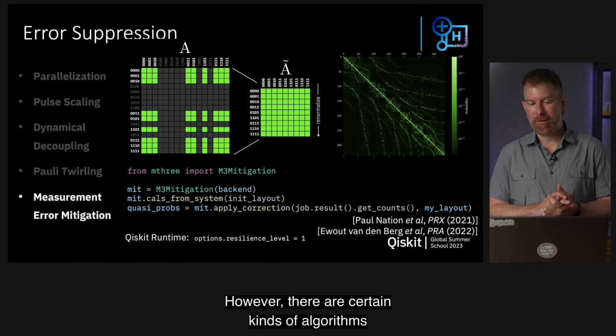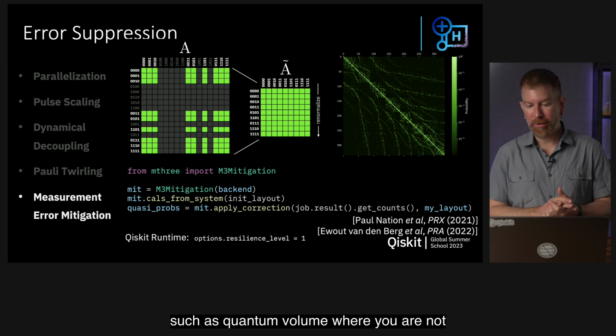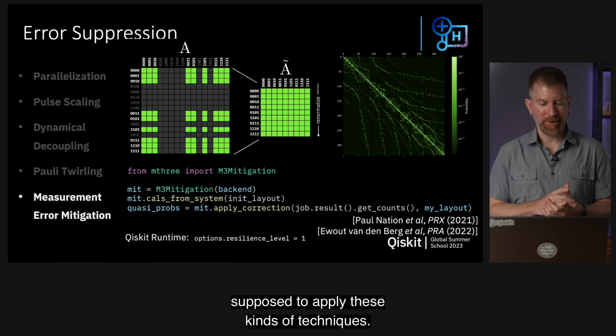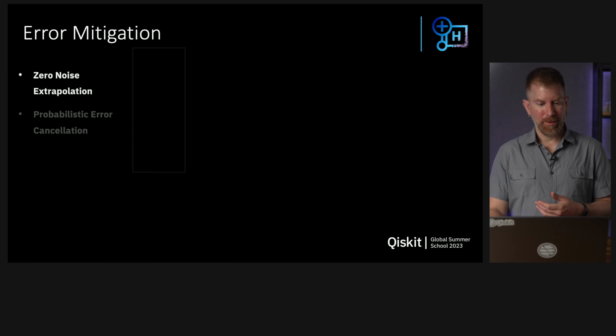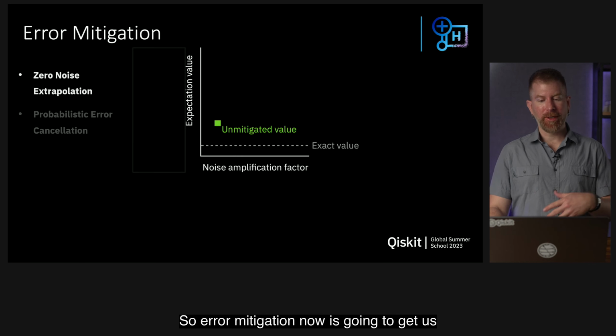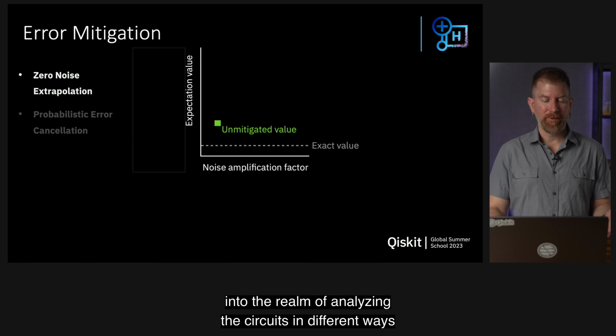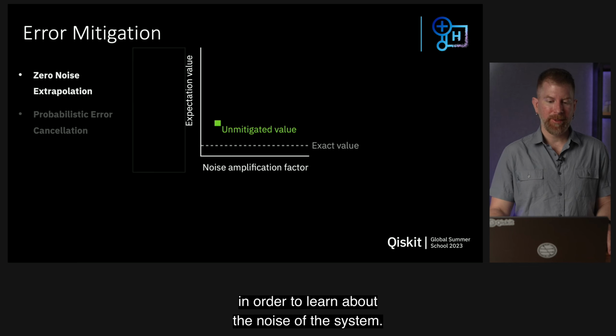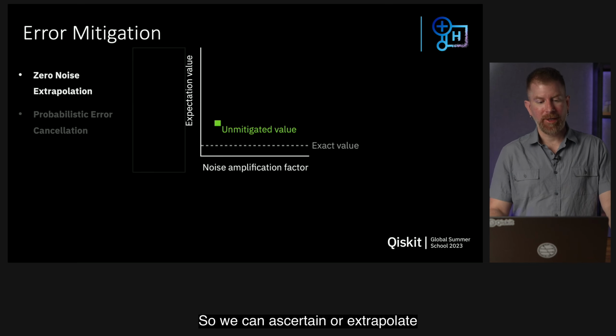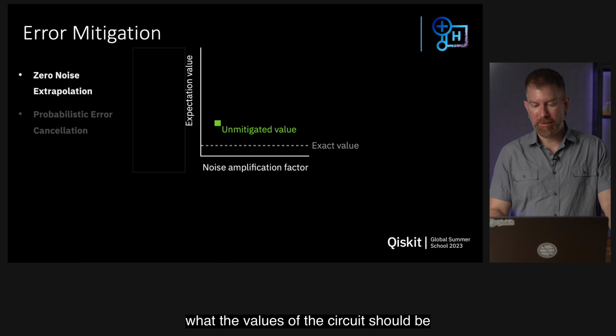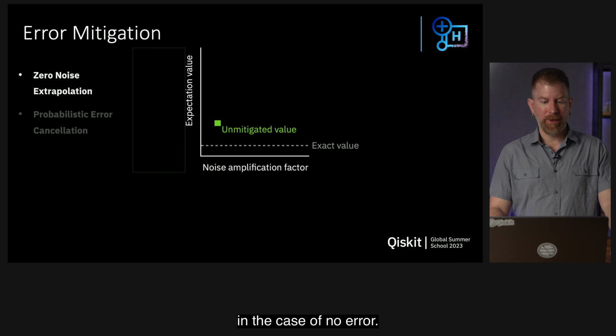However, there are certain kinds of algorithms such as quantum volume where you are not supposed to apply these kinds of techniques. So error mitigation now is going to get us into the realm of analyzing the circuits in different ways in order to learn about the noise of the system so we can ascertain or extrapolate what the values of the circuit should be in the case of no error.